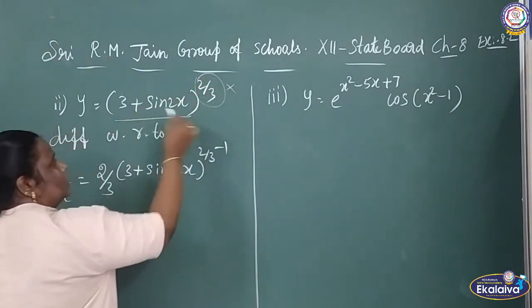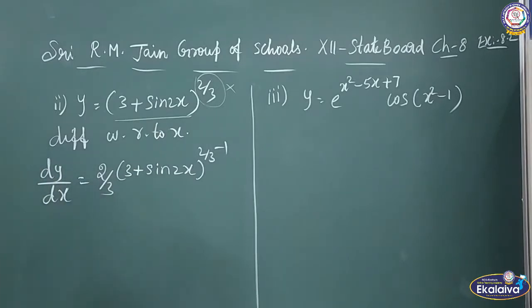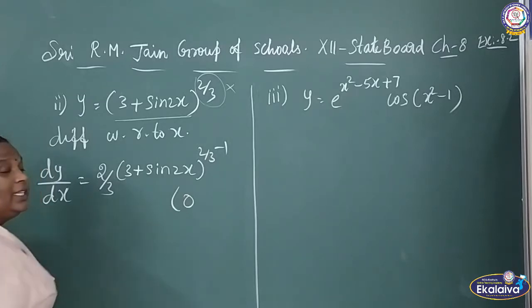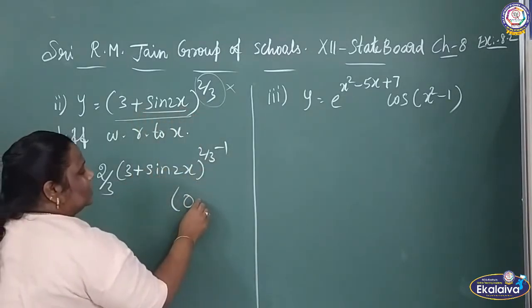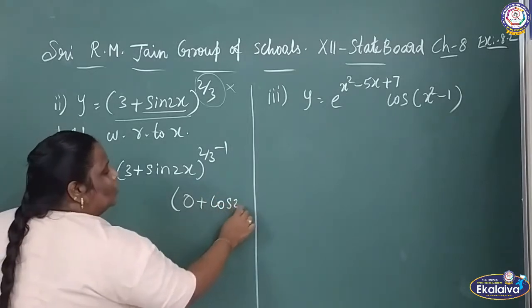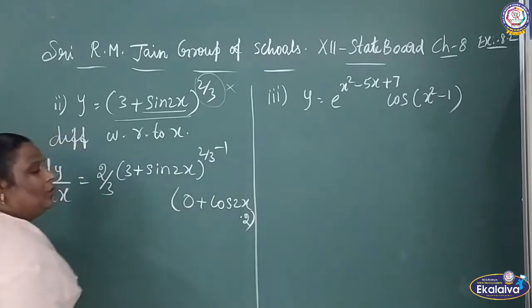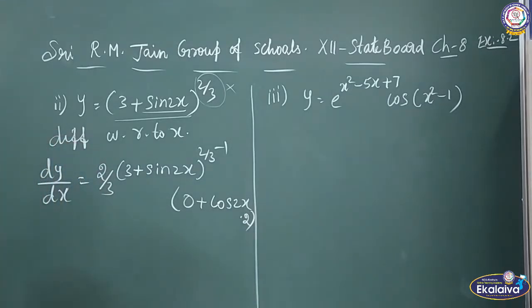Then you can concentrate on this. What is this? The differentiation of 3 is 0 because it is a constant. Sin 2x gives cos 2x, into the x coefficient, 2.